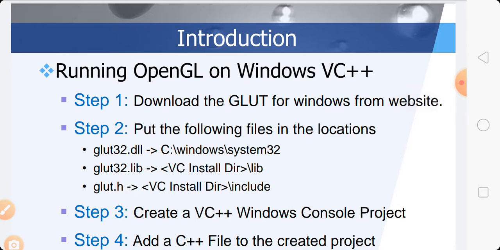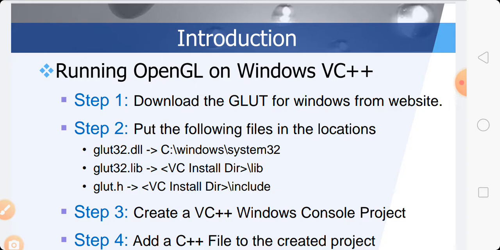Here we have to study how to run OpenGL on Windows with Visual C++. Here it gives the total procedure for running an Open Graphics Library program. Before that, we first have to install OpenGL software in our system. The first step is to download GLUT for Windows from the website.